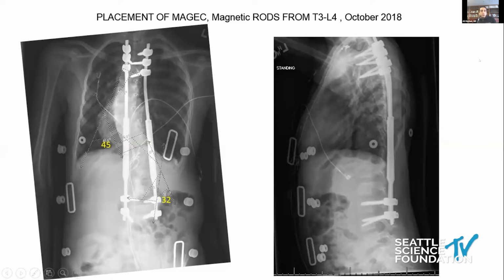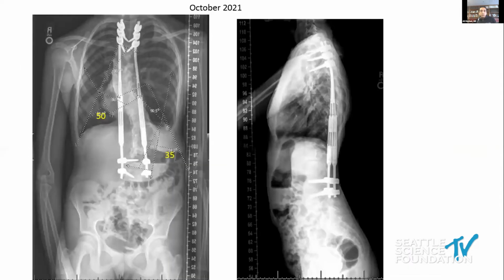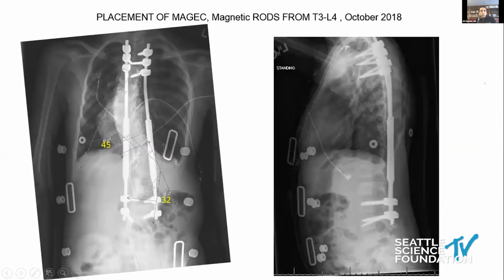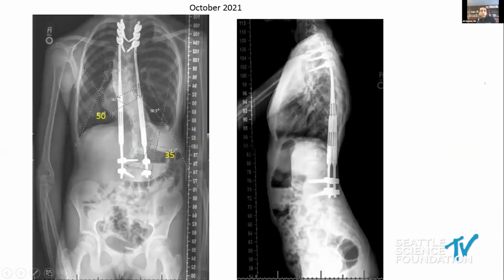2018. You see some correction intra-op compared to the presentation pre-op to 45 degrees and 32 degrees. And over the time of follow-up, over 3 years, he has been growing, and the curve is still controlled at 50 degrees and 35 degrees in the lumbar spine.